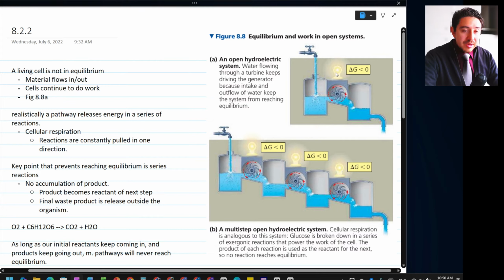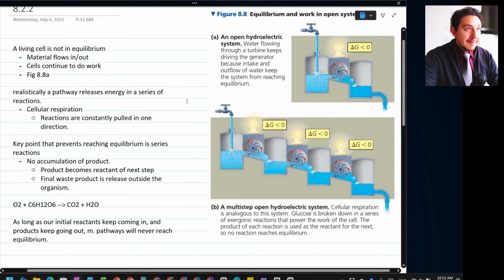In this whole system in the environment, you have a delta G that is less than zero. Water's flowing out. So you can think about this as molecules coming in, doing the chemical reactions, moving the turbine to produce energy, and then products are flowing outwards.